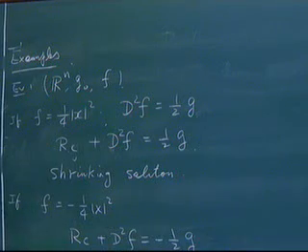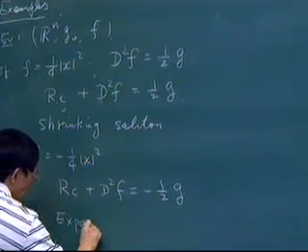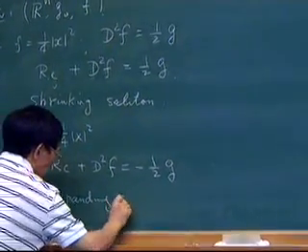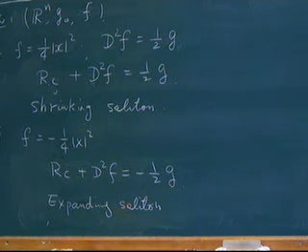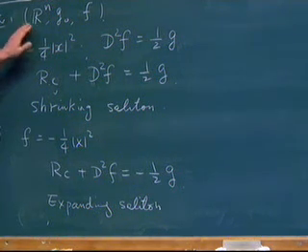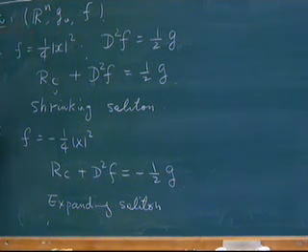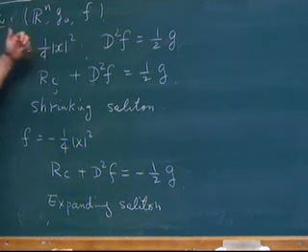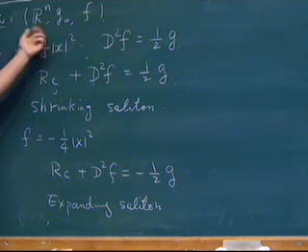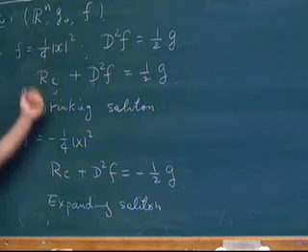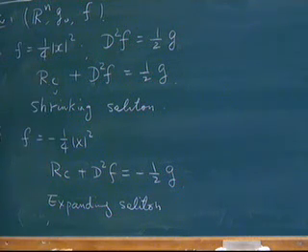So again, this is an expanding soliton. So this is a very special example. If you take a different f, the metric can be both. Sometimes it can be shrinking, sometimes it can be expanding.